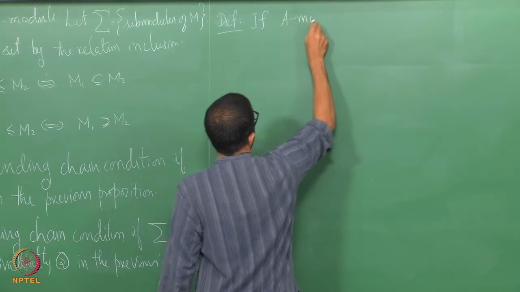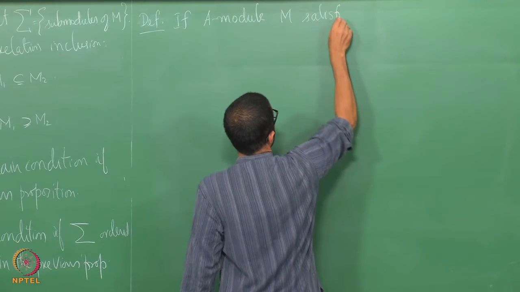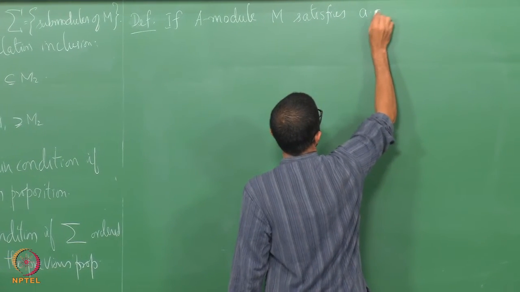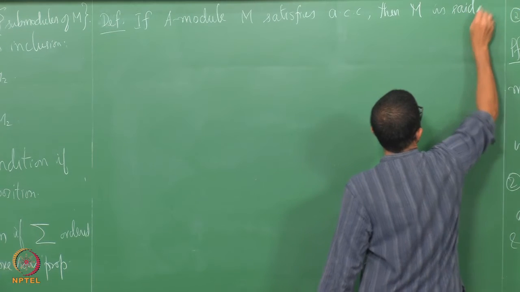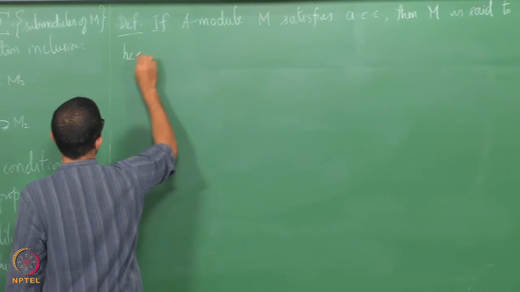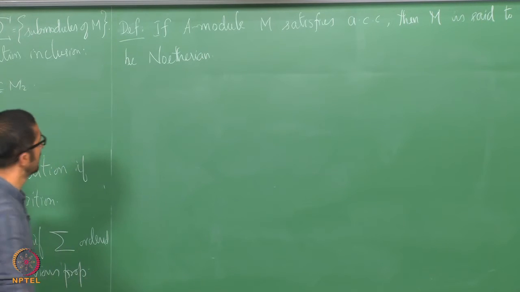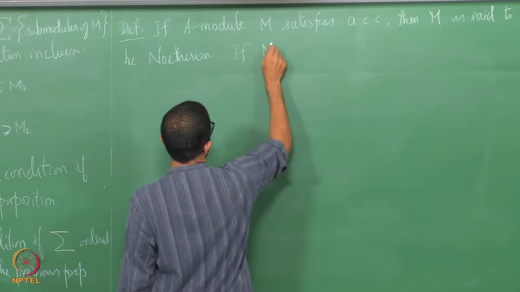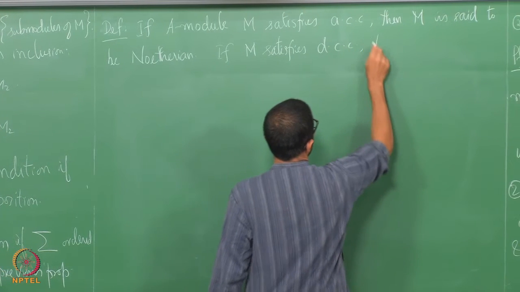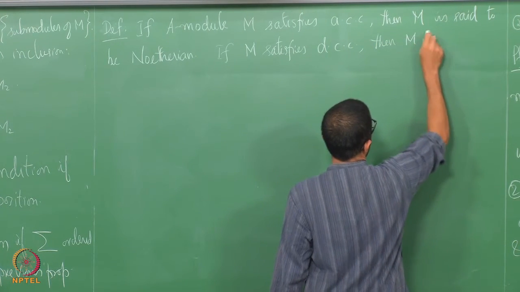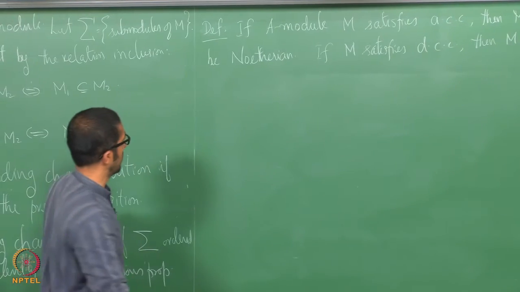If an A module M satisfies ascending chain condition, then M is said to be Noetherian, and if M satisfies descending chain condition, then M is said to be Artinian.